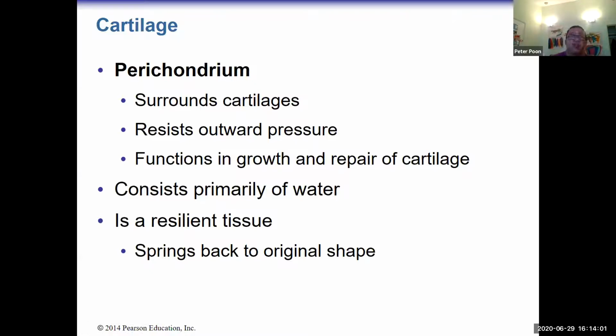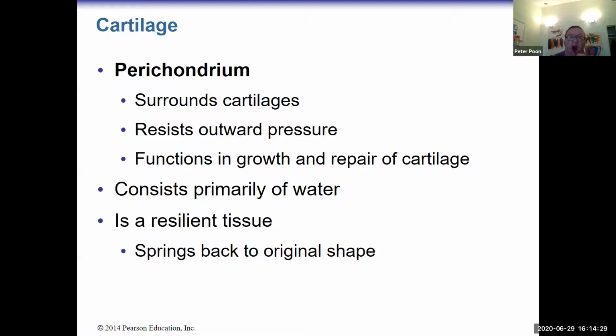All cartilage consists of something called perichondrium. Like we talked about earlier, cartilage has no blood supply. So the nutrients have to come from the perichondrium in. It functions in the growth or repair of cartilage.